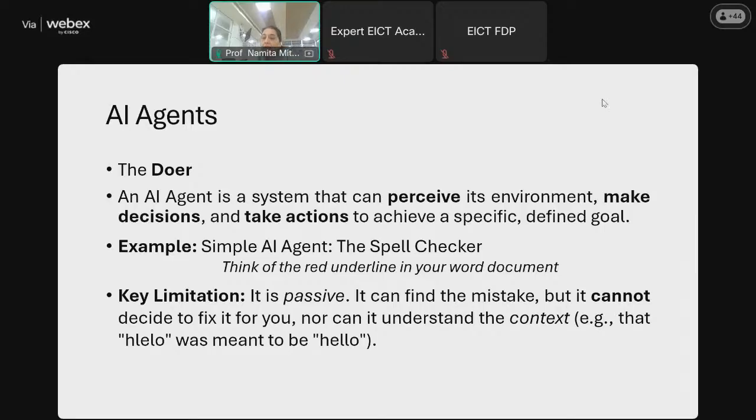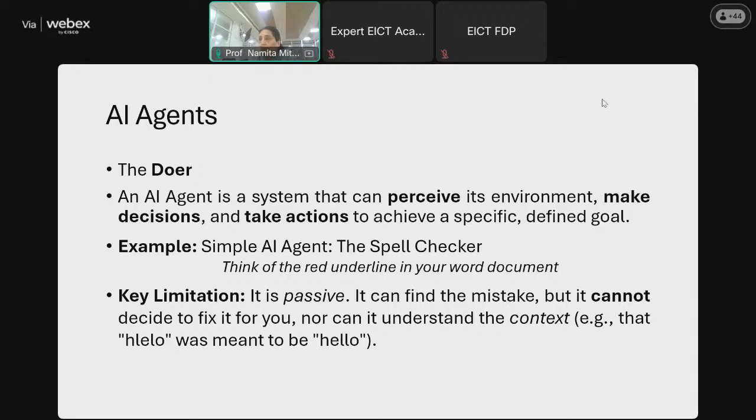Nor can it understand the context that this word was meant to be hello. For example, somehow some out of vocabulary word is there for the AI agent, but being a human being or an intelligent person, we understand it. But the AI agent may not take a call upon that word. Let's take an example: HEHLELO.